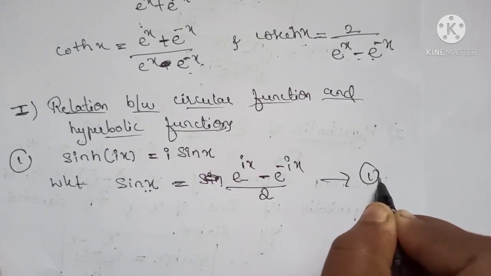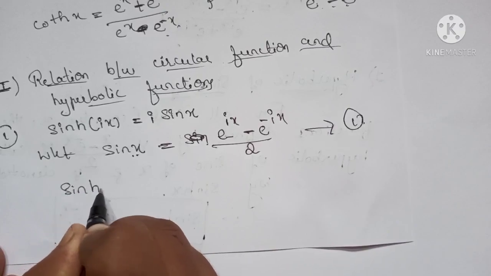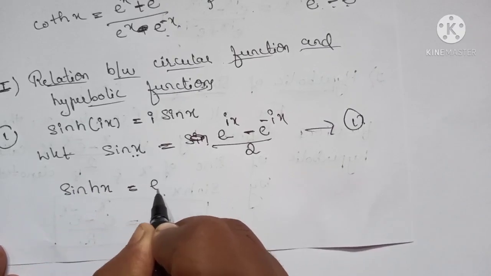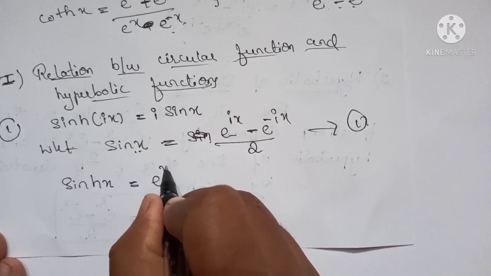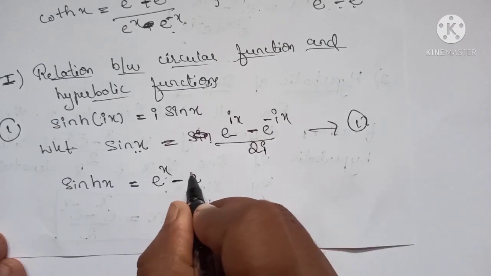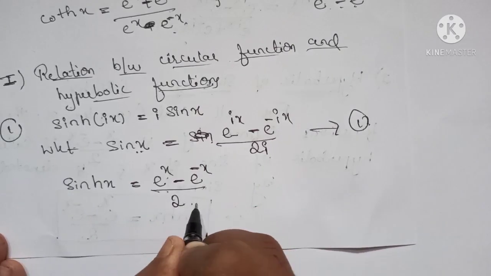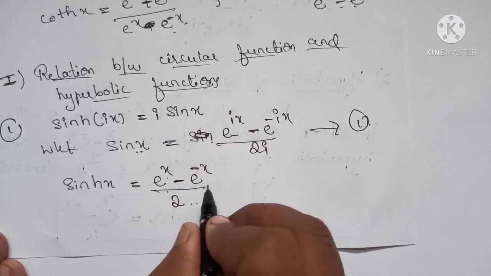So this is from the circular function. Also we have the hyperbolic function sinh x is equal to (e raised to x minus e raised to minus x) divided by 2. This is from the hyperbolic function.